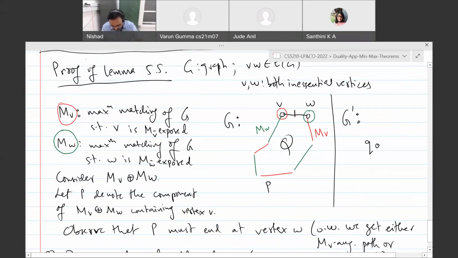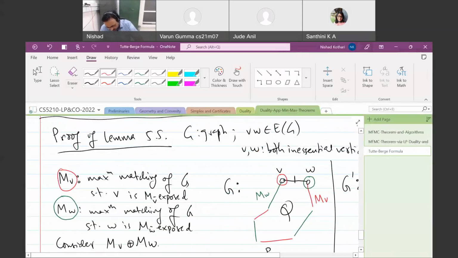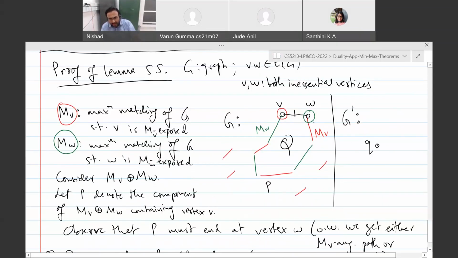Okay, let me just draw one of the two matchings outside. So observe that the red colored matching will look like this, because in the odd cycle, all the vertices are already matched except for one vertex, which is an exposed vertex. So if you shrink this odd cycle, you will still be left with the same kind of matching outside. If there was a bigger matching in the graph G prime, then you would be able to go back to the original graph and get a bigger matching in the original graph by taking the edges from the odd cycle.